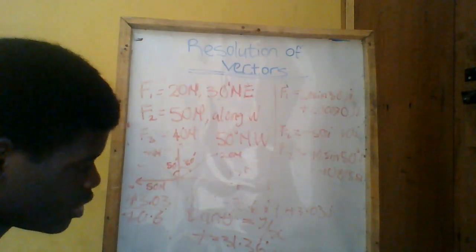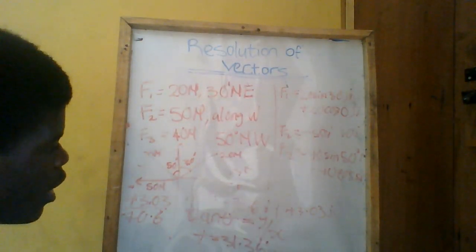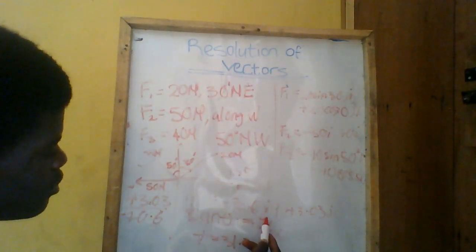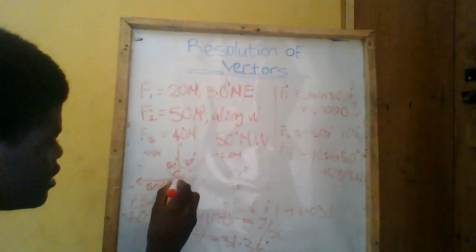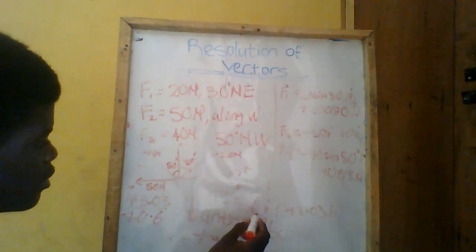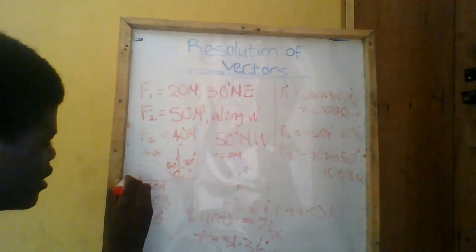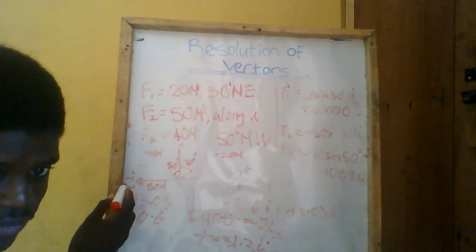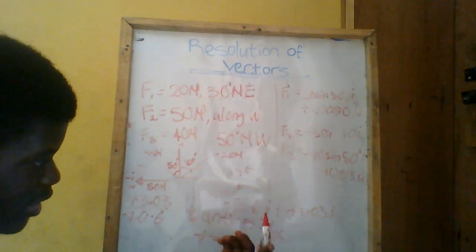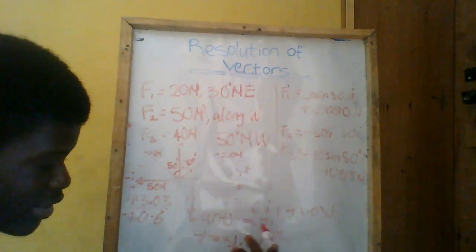Very, very easy. Where is your i? Your i is minus 70.6 i, in the negative i, which is the negative x axis, because negative i is the negative horizontal axis, and the horizontal axis is the x axis.